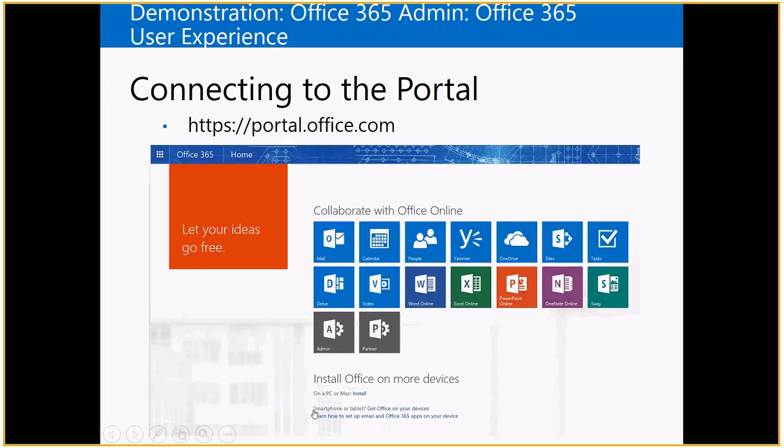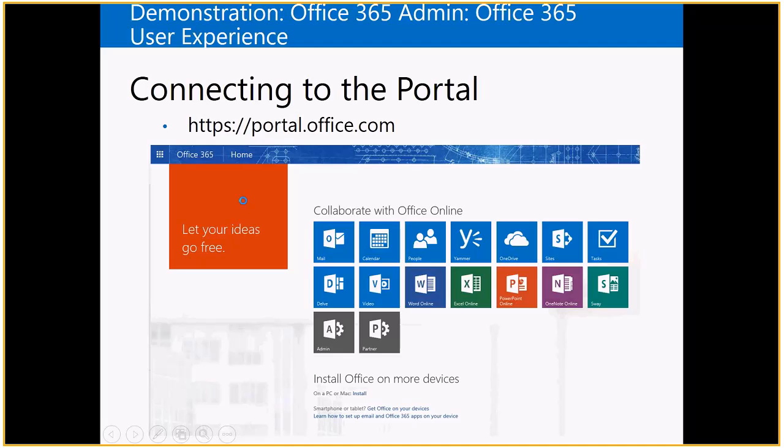If you have a smartphone or tablet, there are links here on how to help you get that installed on your device. So you go into the portal, you log in with the credentials that you've been provided. It's your email address and password. And this is your dashboard to take you into all of the different parts of the Office 365 platform.